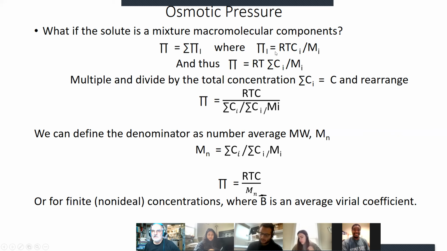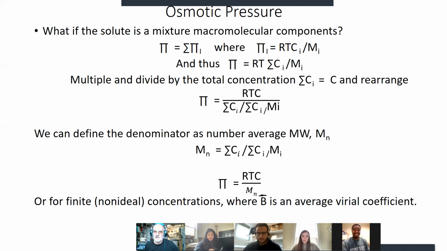And each individual one will obey the simple osmotic pressure equation, where it's the concentration of that component divided by the molecular weight of that component. So consequently, the total osmotic pressure will be the sum over all of these terms. The RT is taken out because it's constants. So it's the sum over C sub i over M sub i.